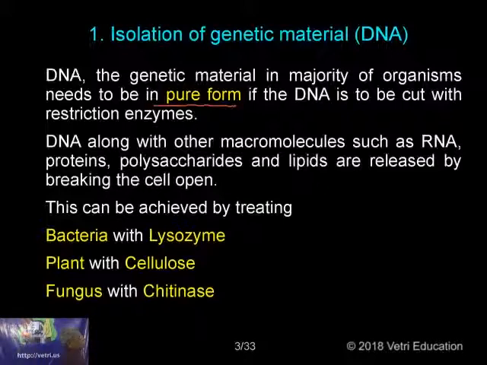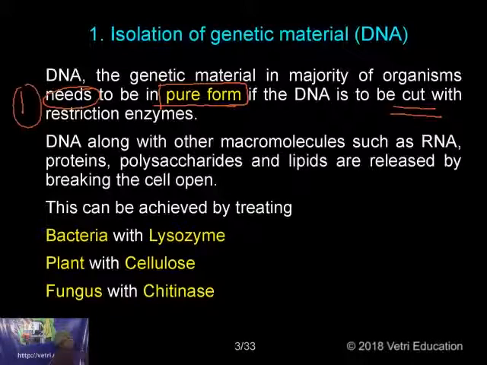If the DNA is to be cut with the restriction enzymes, the first condition is that it should be in its pure form. Otherwise the restriction enzyme will not be able to cut the genetic material. So if a cut has to be made, then it has to be in the pure form. So this is condition number 1.